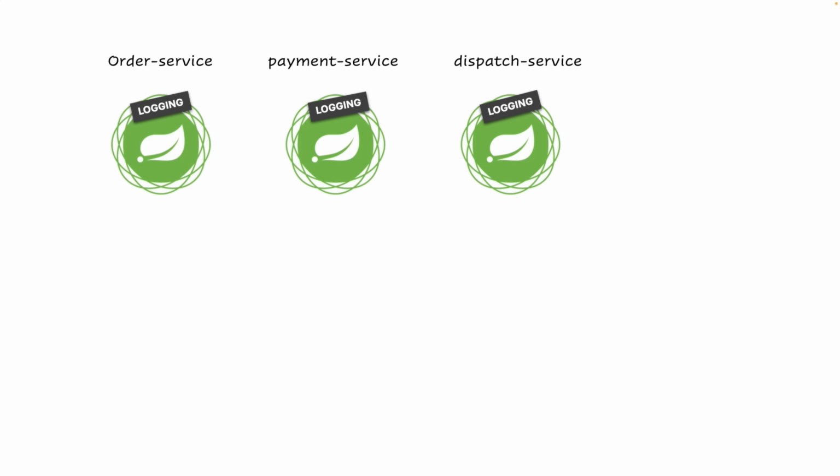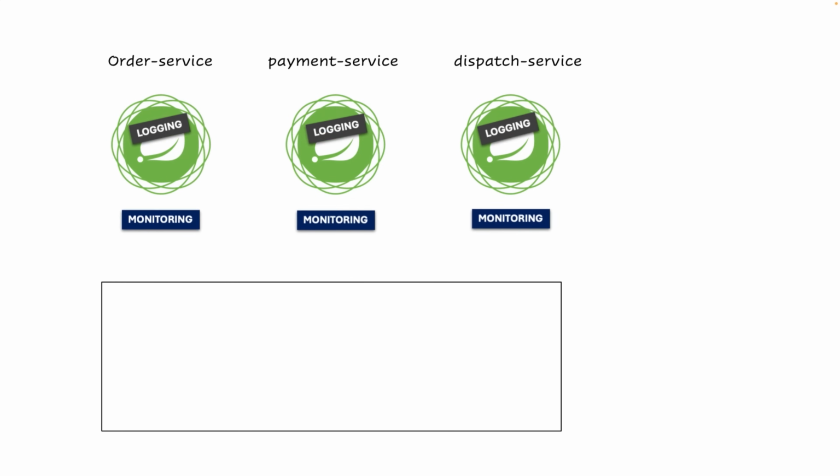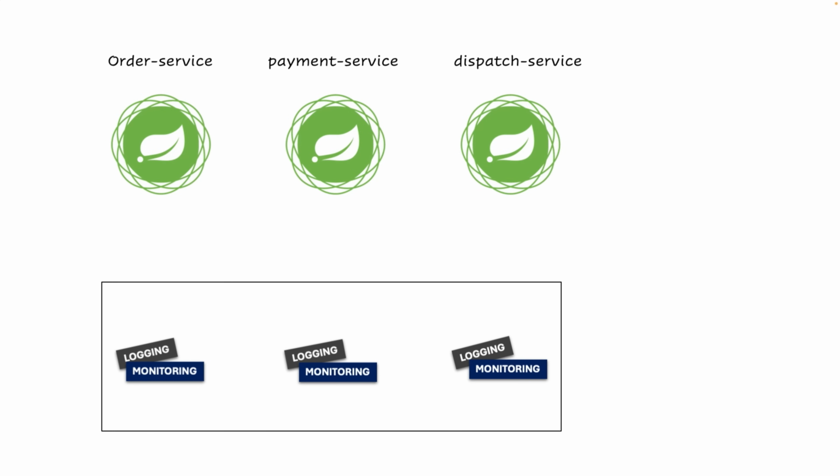Each one needs logging and monitoring, but since these features are so similar, duplicating the code in every microservice doesn't make any sense, right? So instead of mixing these secondary or cross-cutting tasks into every microservice, I want to create a separate service called sidecar to handle these cross-cutting or secondary tasks. This is what we call the sidecar pattern.